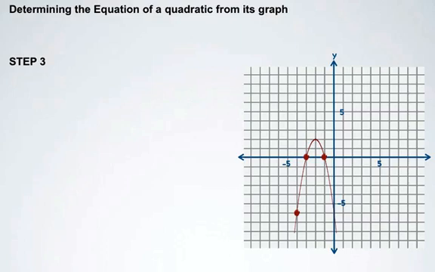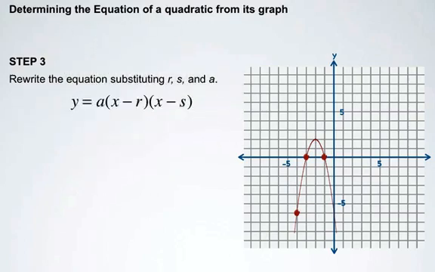Step 3. We'll now rewrite the equation, substituting r, s, and a. Here is the factored form of a quadratic relationship. A, we just found out, is -2. R is -3, and s is -1.